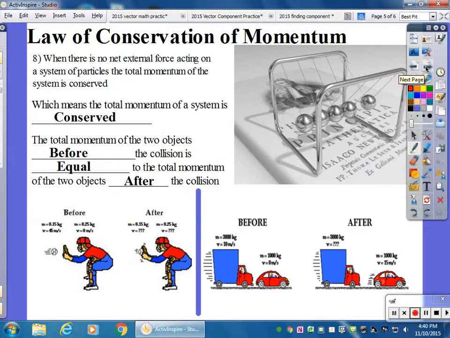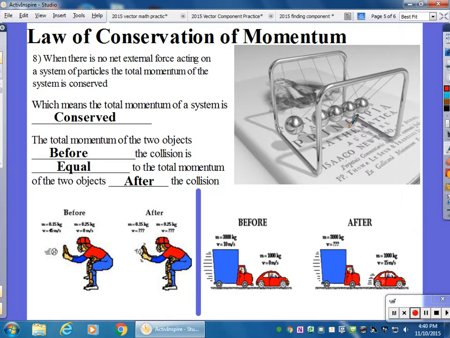Moving right along. Now we're going to talk about the law of conservation of momentum. Basically, it says that when there is no external force involved in a collision, just like you've got going on here with these Newton's balls, there's no external force going on with this collision. This Newton's cradle is showing you that all the momentum is transferred from one end all the way through the two in the middle to the other end.